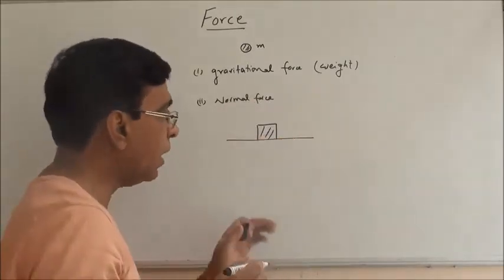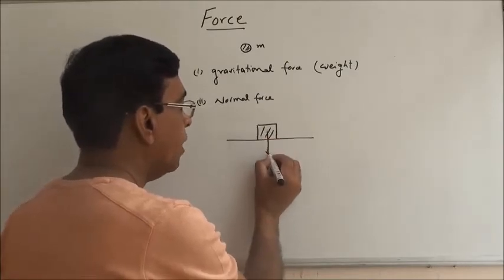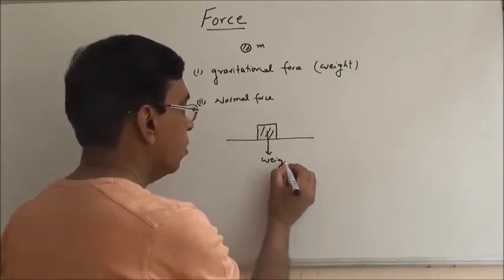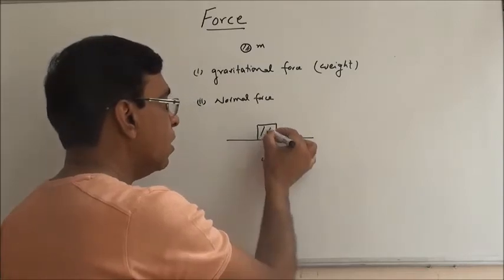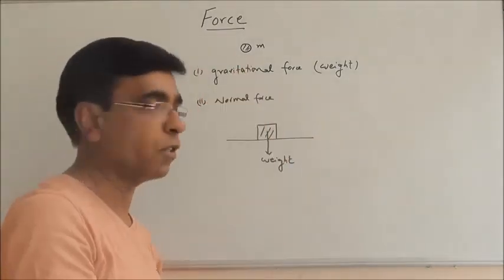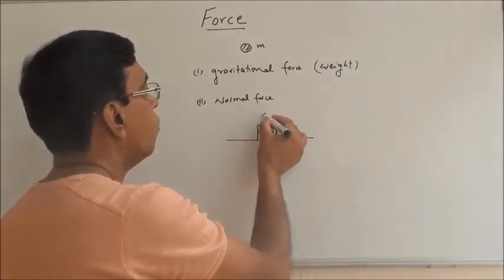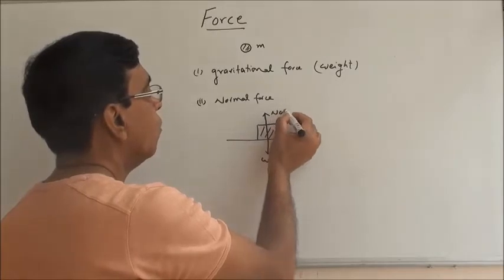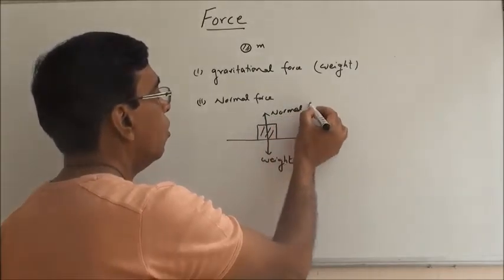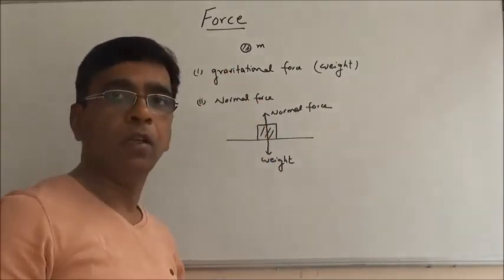So whenever any object is kept on a surface, weight acts downward, but since it is not accelerating, it means the forces on it are balanced. So it means there is a force in the upward direction. We will call it normal force, and they are equal.